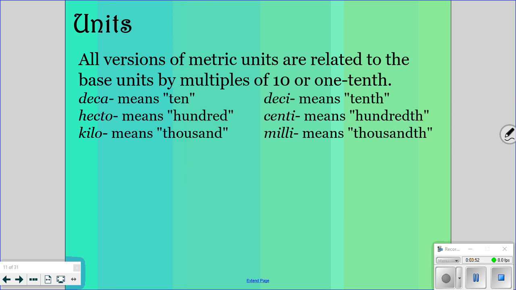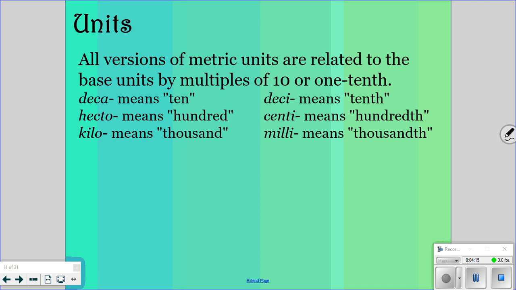So deca is a prefix you'll see. It means 10. A decagon you dealt with in geometry, hopefully. That was a 10-sided figure. Hecto means 100. Kilo, as in kilogram, means 1,000. Deci means a tenth. Centi means 100th.